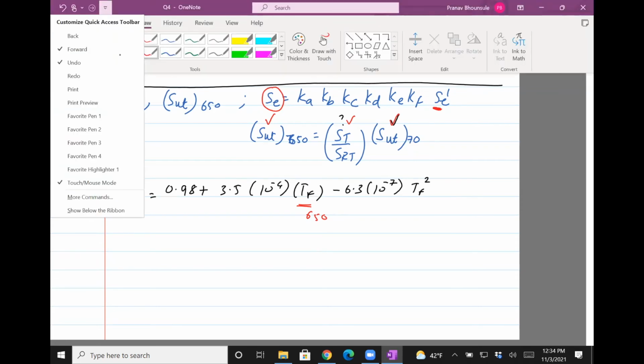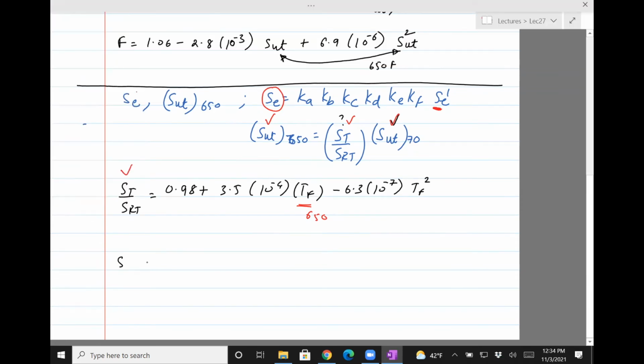There's a formula for SC prime, and I wrote it down multiple times. Depending on the range, you can have 0.5 SUT or 100 kpsi. Okay, so that would be the last one.